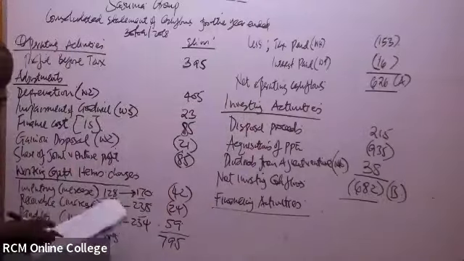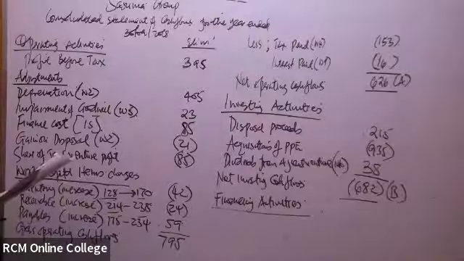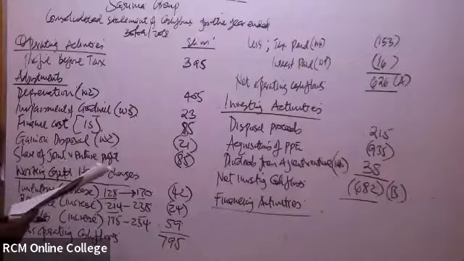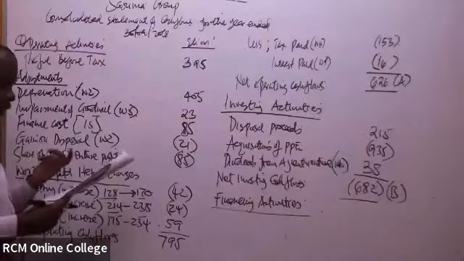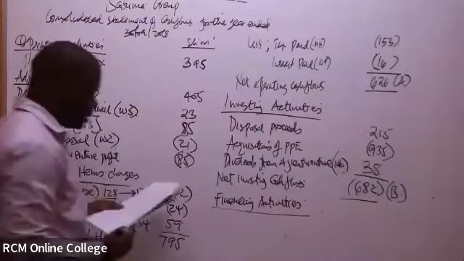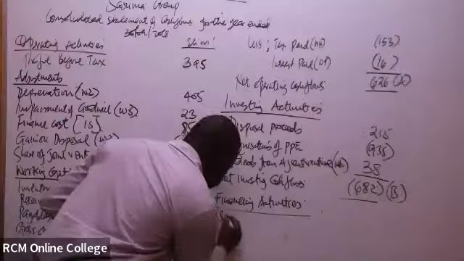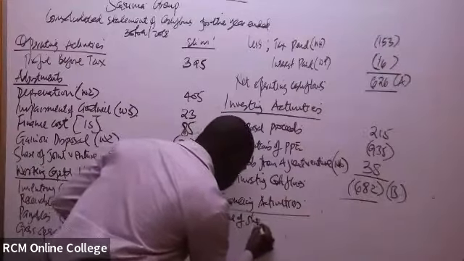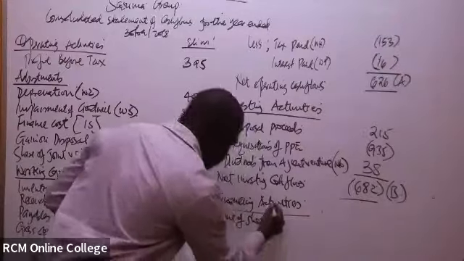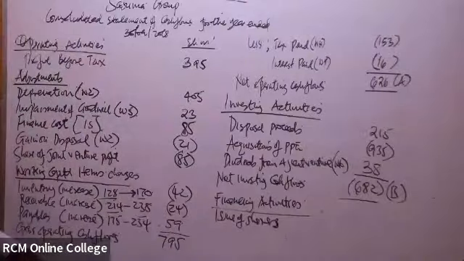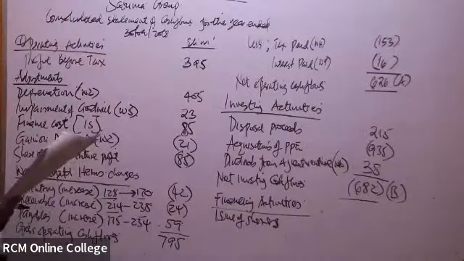Under financing activities cash flows, we have some shares which were actually issued. So, issue of shares. What was the figure that was received from issue of shares?